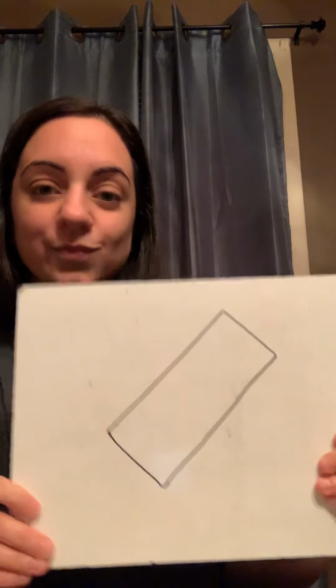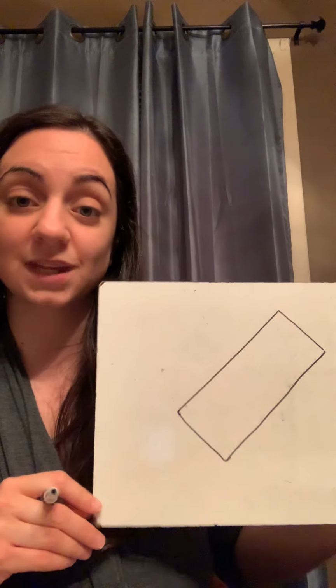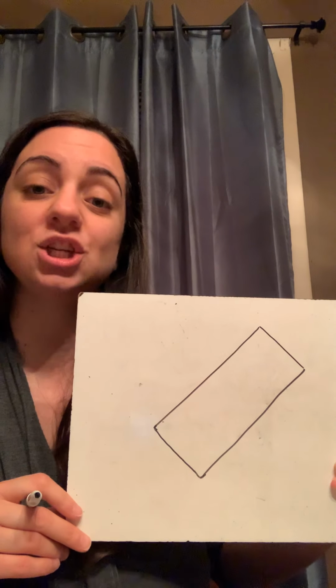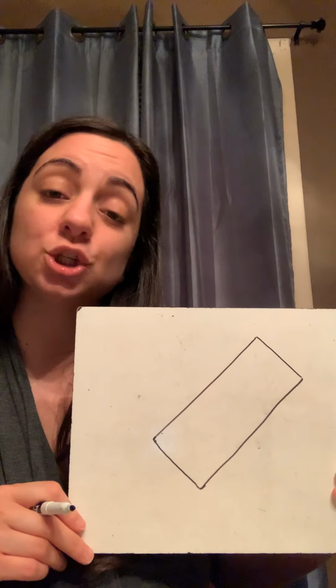Let's look here. What do you think about this one? Is this a rectangle? Well, let's look at what we notice, and then we can decide if it's a rectangle or not. How many sides does this shape have? Yes, it has 4 sides. 1, 2, 3, 4. Are the sides straight or curved? They're straight.